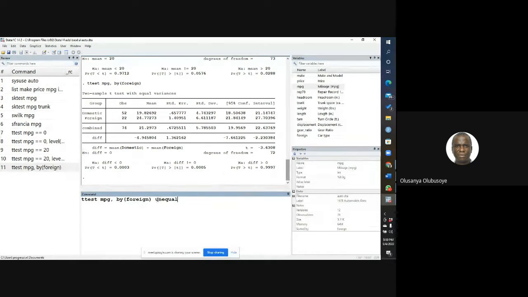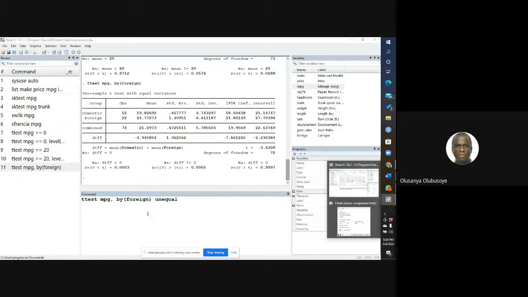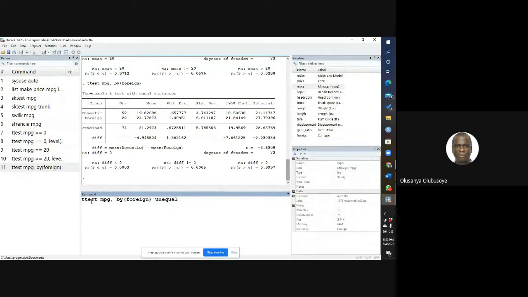You can check it so that if you click, you can copy this now here. So the option in the command window, if you don't want to use the dialog box, you can now register the proper command, and this is a command to indicate unequal variances. Nothing has really changed, even with the option of unequal variances.